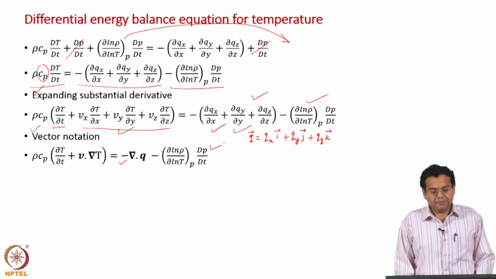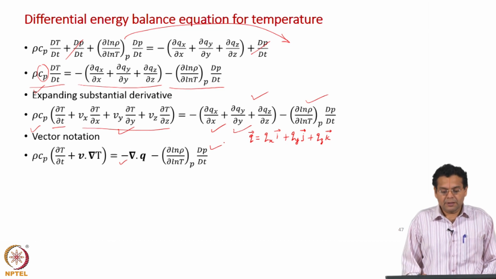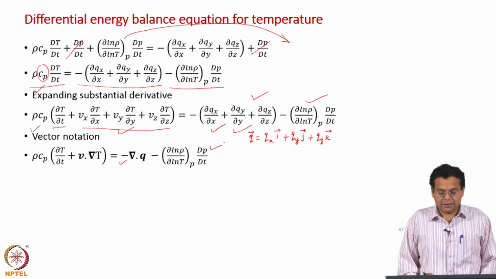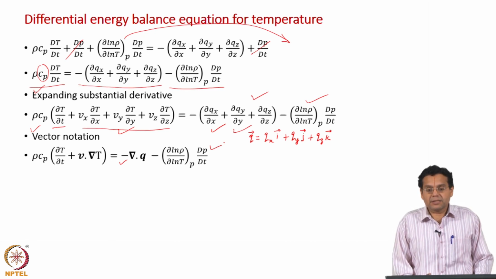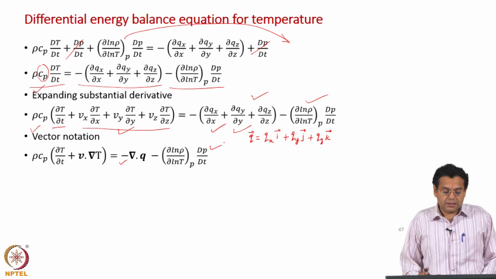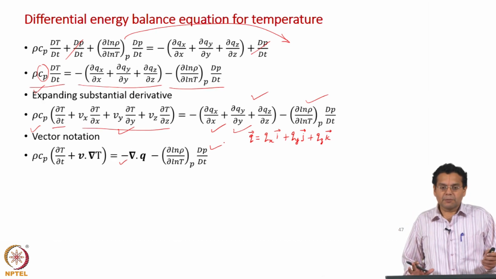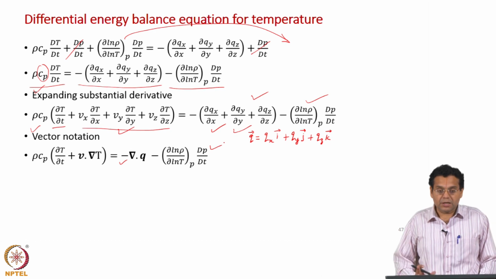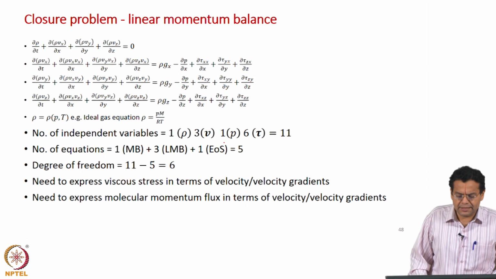So, we have finally achieved our objective of deriving a differential energy balance equation in terms of temperature. Now, we are in a situation similar to what we were after deriving the linear momentum balance equation. What is that situation? Let us see. Let us have a recall slide.